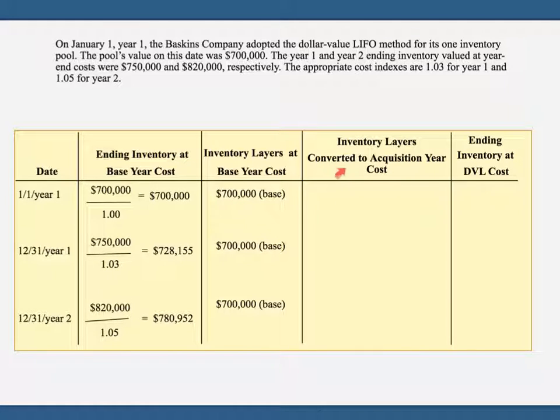Normally, you'll do a calculation to convert any of the inventory layers to their acquisition cost, which is taking the cost times the current cost index. So for year 1, all we're doing is taking the $700,000 and multiplying it by the cost index of 1, which will be the same price. So our ending inventory at dollar value LIFO method is $700,000 at the beginning of year 1.